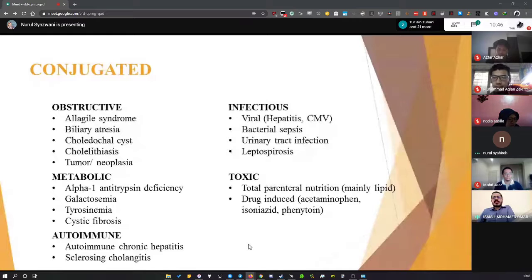Anyone knows what is Alagille syndrome? Alagille syndrome. Sorry, Prof, I don't know. Yes, tell me. It's actually a genetic disorder which can cause liver damage. The cause is usually bile duct abnormalities.